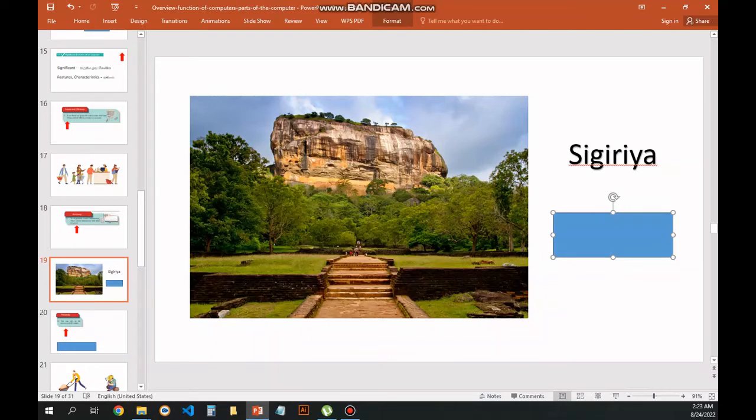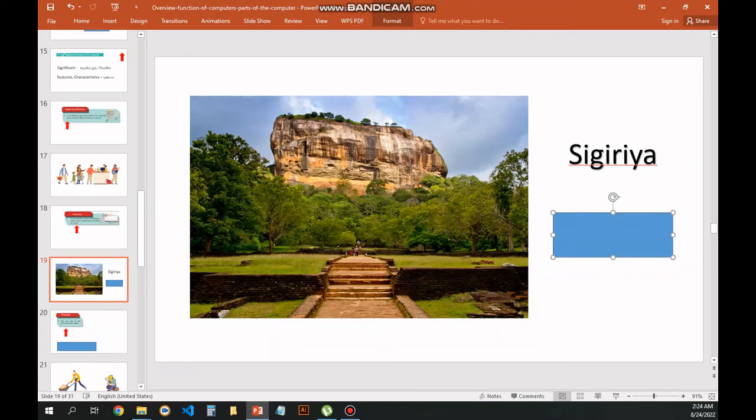Then he sees that Sigiriya is maybe in Kazakhstan, maybe in China. How come? What's the reason? Because the person who entered the data for that particular website has entered the wrong data. That means Sigiriya is in Kazakhstan, Sigiriya is in China, just like that.